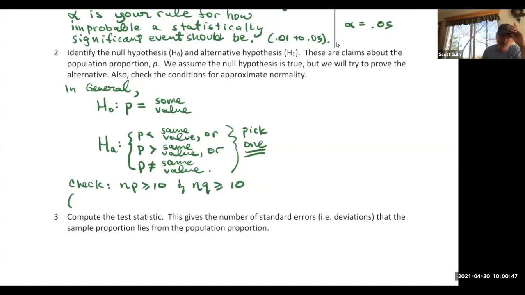It's like a jury trial where you assume somebody's innocent, but then you try and prove they're guilty. That's exactly what we do here. So get p from the null hypothesis, which we're assuming to be true. Okay. Any questions?